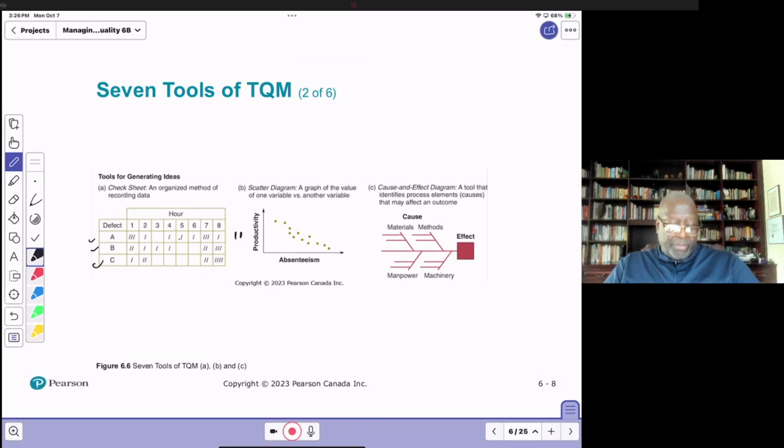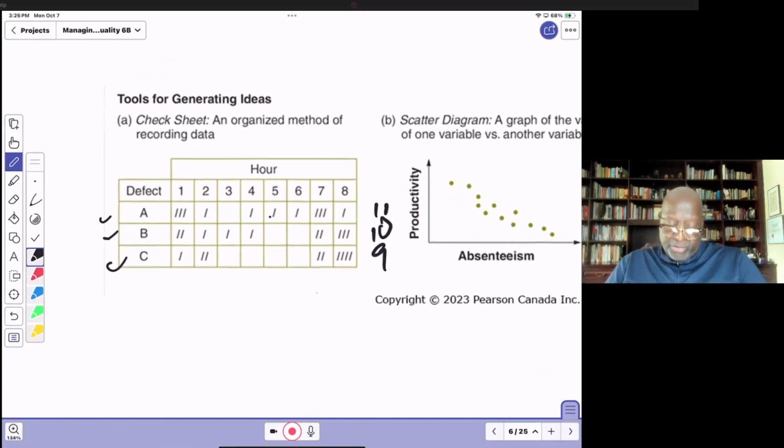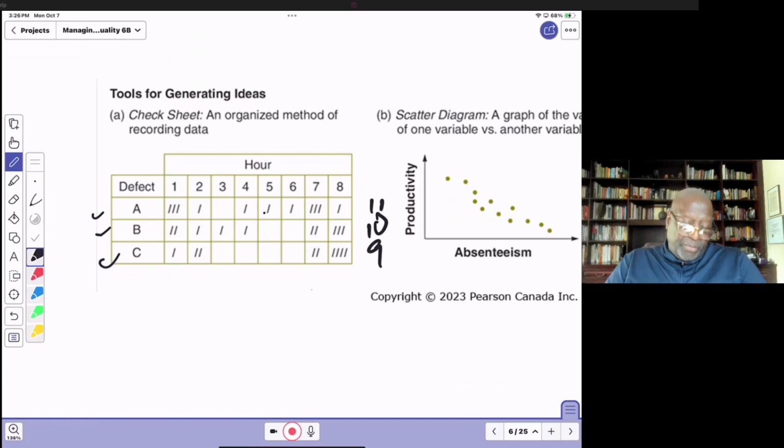Then for B, you have 2 and 3, 5, and 2, 7, 7 and 3, 10. And then for C, we have 3 and 2, 5 and 4, 9. So you could see defect A occurred most frequently, followed by defect B, followed by defect C. So let's focus on eliminating defect A.